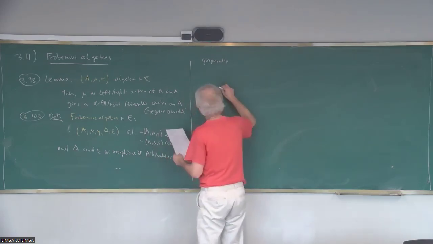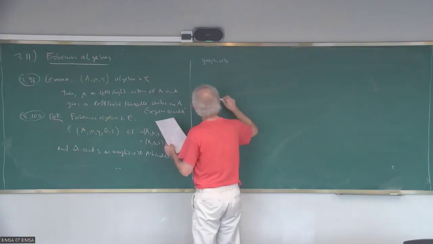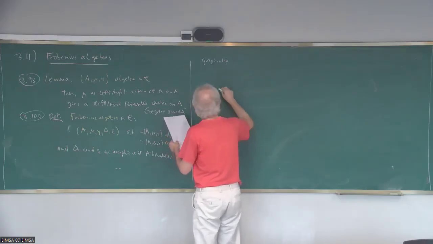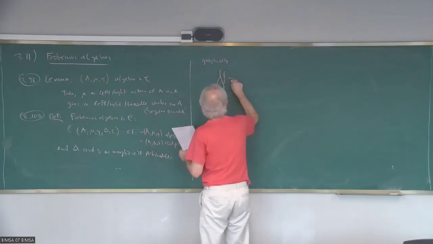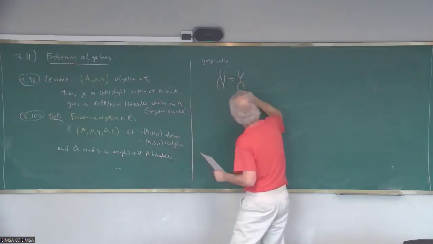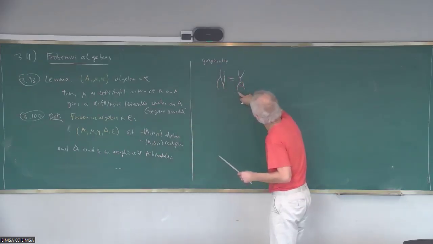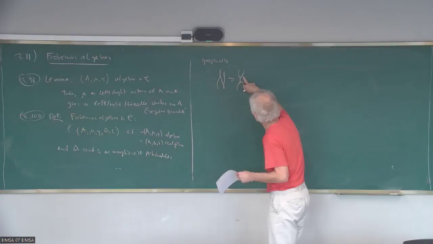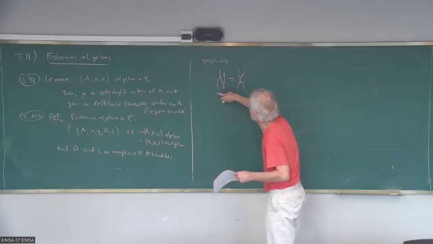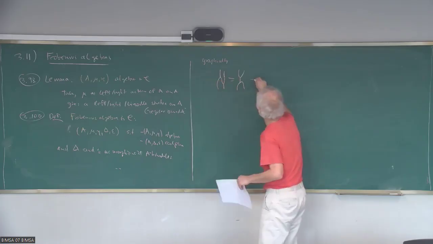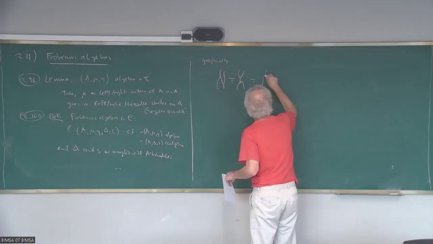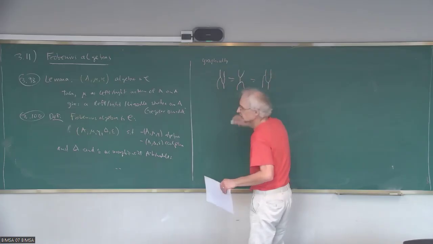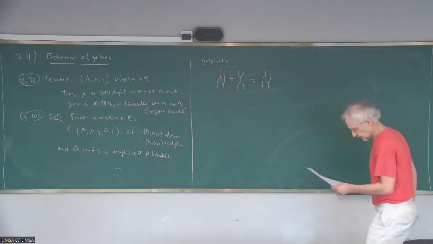So let me first draw it. Acting first and then taking the co-product is the same as first having the co-product and then acting. And this is left action. If I take instead the right action, it will look like this. So all the lines are labeled by A.